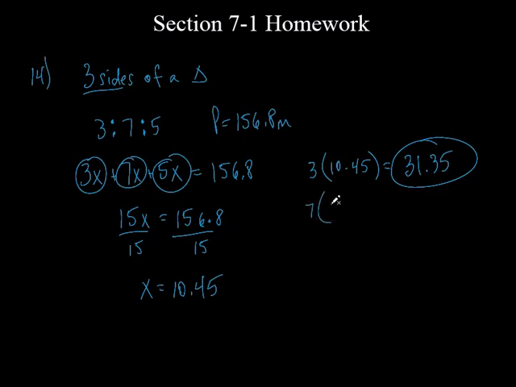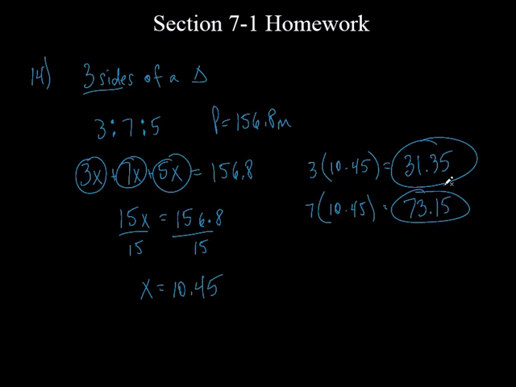It's 7 times 10.45. So 10.45 times 7 this time, and that gives you 73.15. And they say 73.2. They just took this and rounded it. Perfectly fine if you keep it either way.